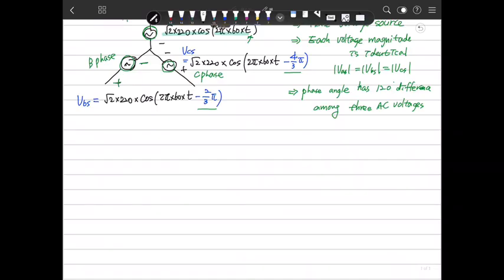So if you draw the voltage here, like that, the A phase has a cosine here, so it looks like that.